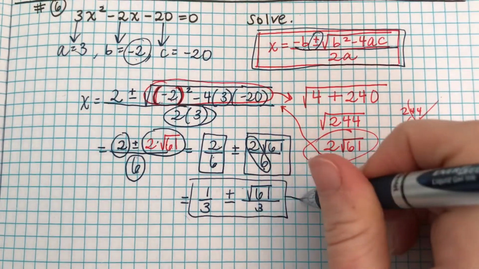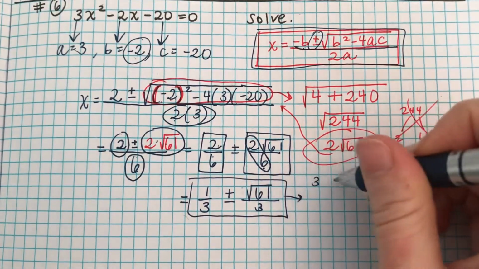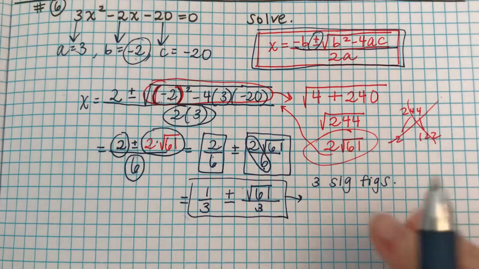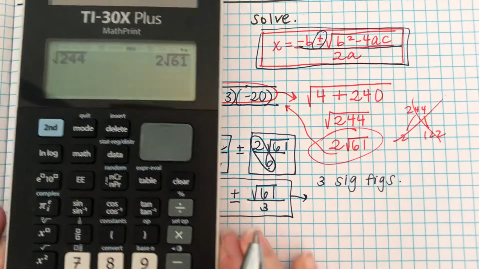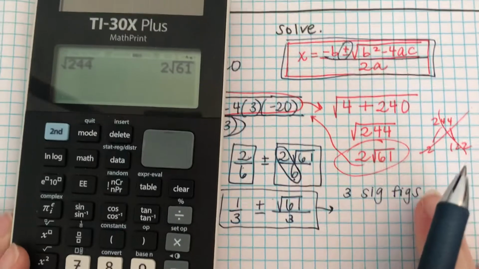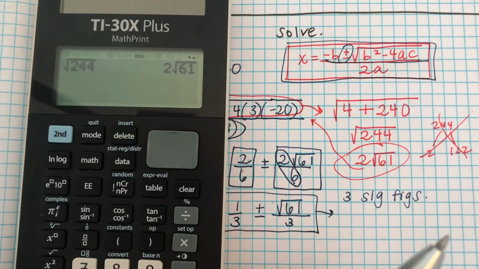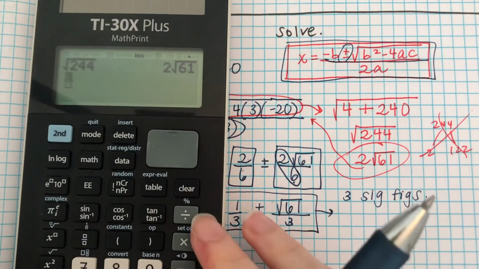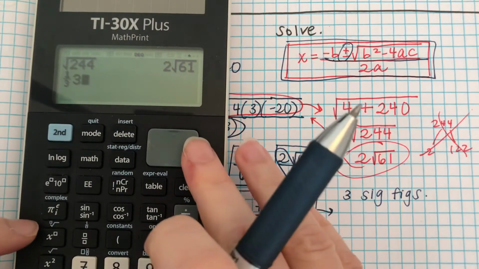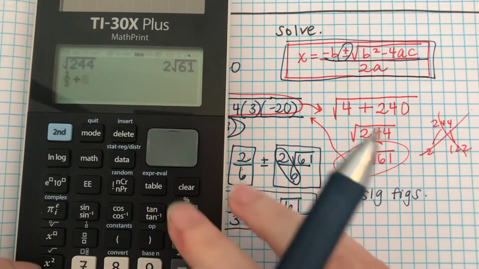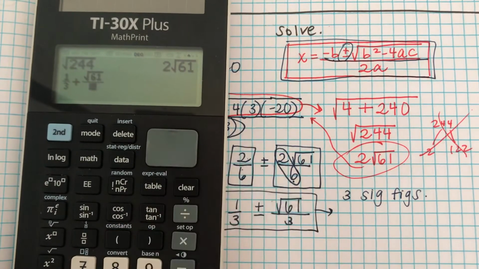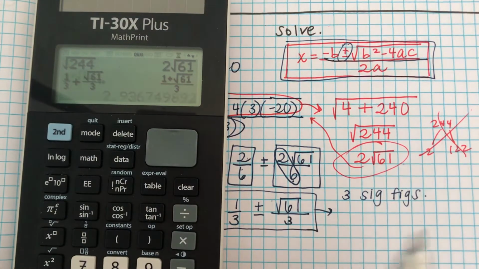However, I think they want this in, let's just say, 3 significant figures. So again, I'll bring out the calculator. What was my answer? 1 over 3 plus the square root of 61 over 3, and there's my decimal.